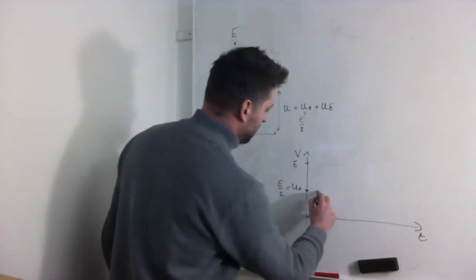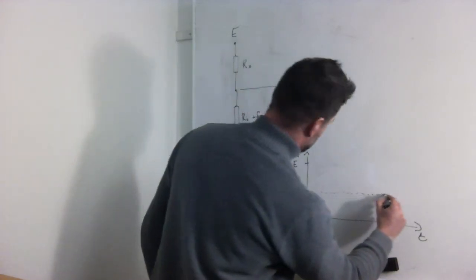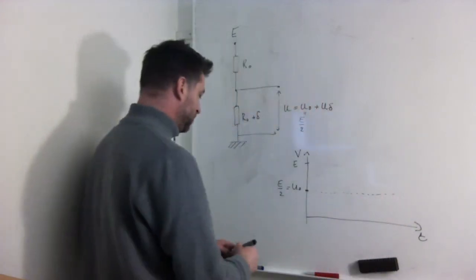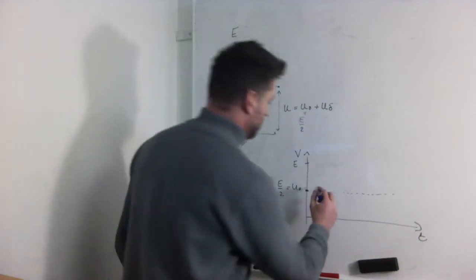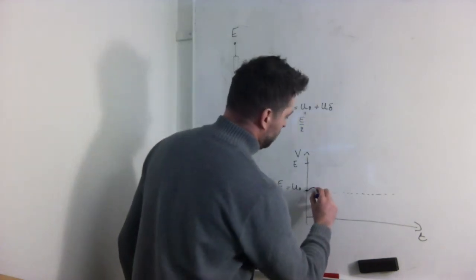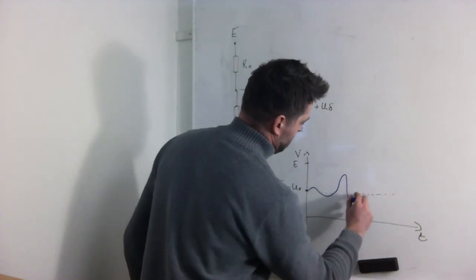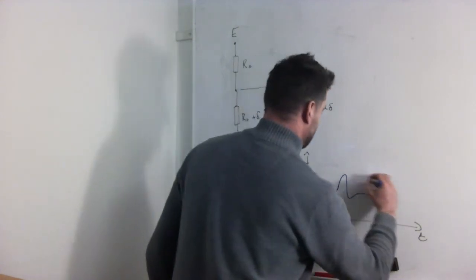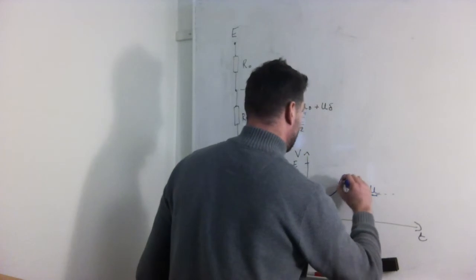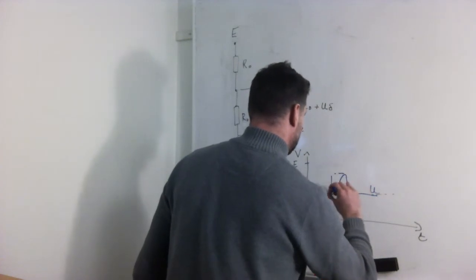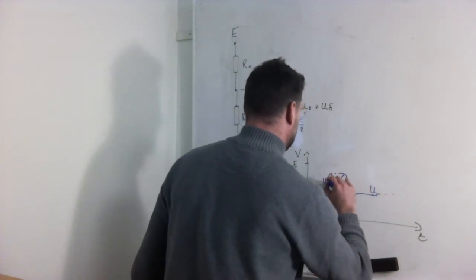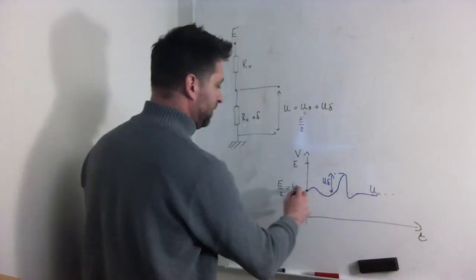This is of course a constant, U0. I can also draw U delta, the real value U, which for example looks something like this. This is U, and this part here is of course U delta. So U equals U0 plus U delta.